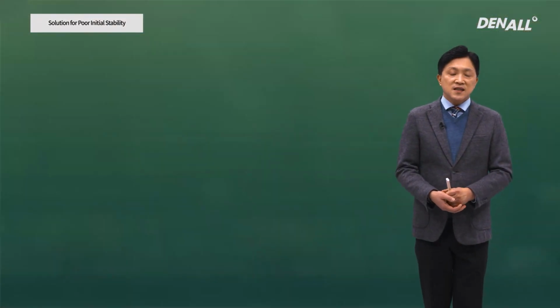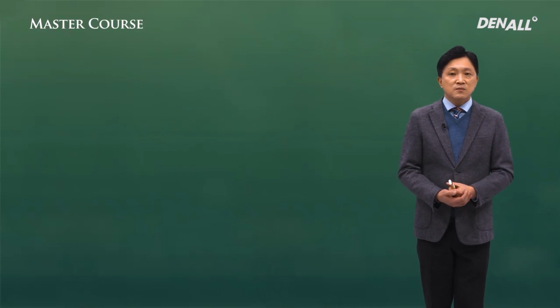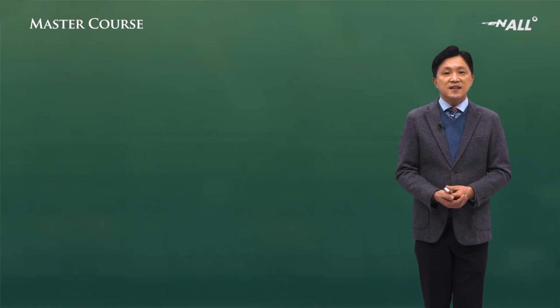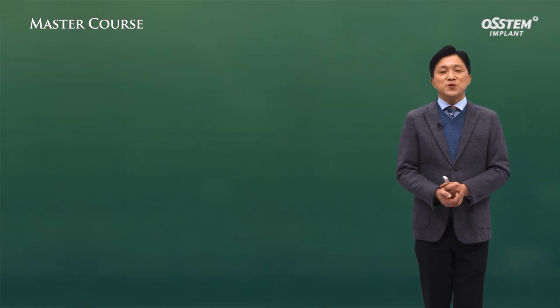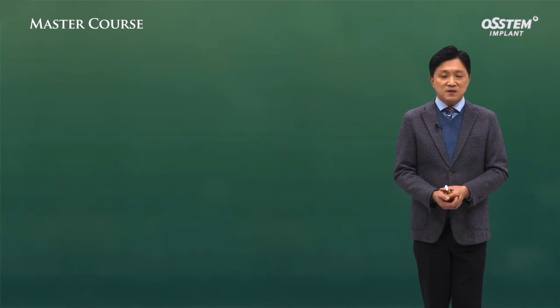I have talked briefly about how to deal with poor initial stability or when we expect poor initial stability. I have a lot to talk about, but there's a training course to talk about this topic in depth.